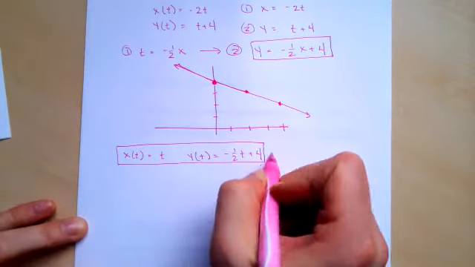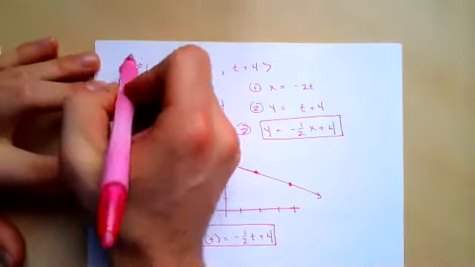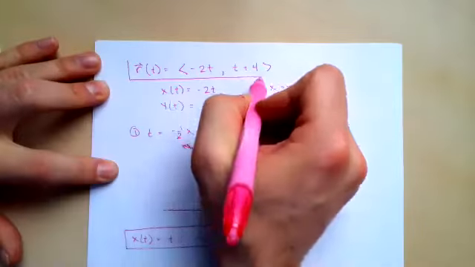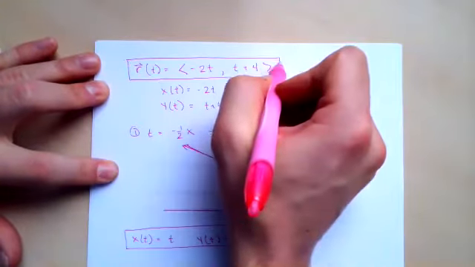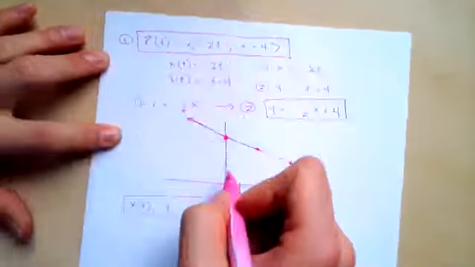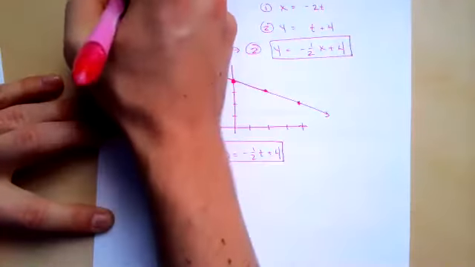So what's different about these three equations? I'm already using letters.